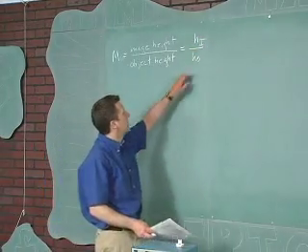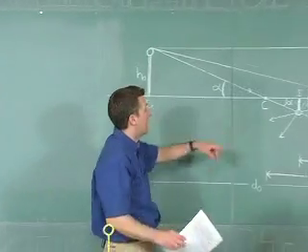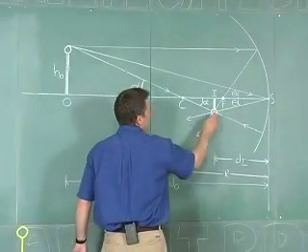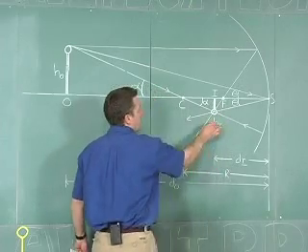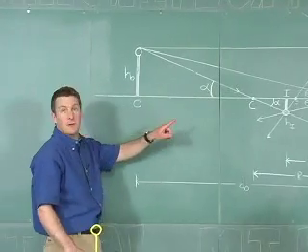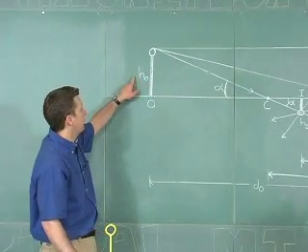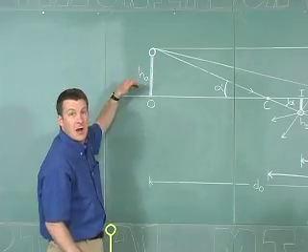Okay, now image height is one that was not on our diagram, so we best do that right now. Here's the image, and the height of the image will be labeled as h sub I. Now that's pretty logical. And the other part of it is this. Notice that we left this as a positive h sub O for an object that was standing upright.